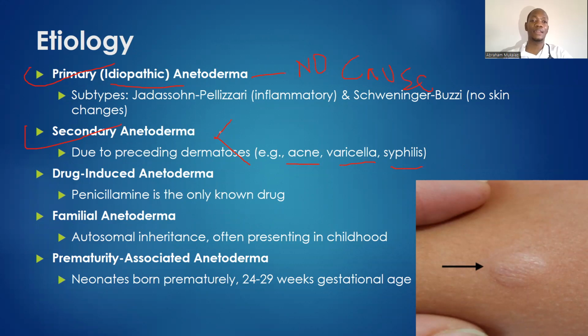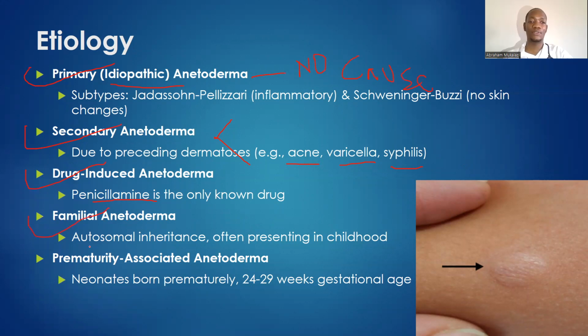Under the inflammatory but non-infectious, we can have things like granuloma annulare and systemic lupus erythematosus, and the rest. Then we have the third class, drug-induced anetoderma, and only one drug has been isolated to cause this condition. We call it penicillamine. People on penicillamine can end up developing anetoderma-like lesions on the skin. The fourth category is familial.